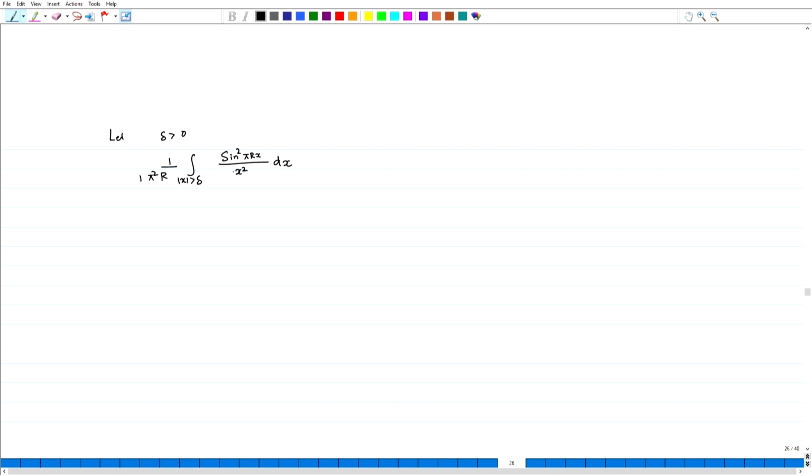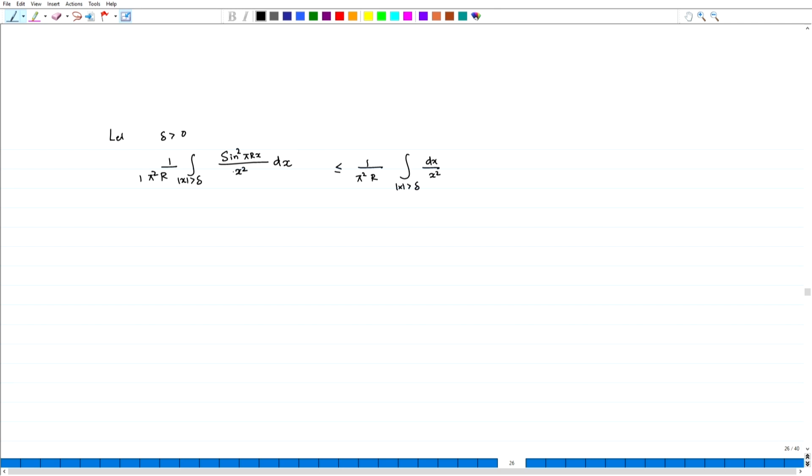Now, this is less than or equal to 1 over pi squared r times the integral over |x| greater than delta, since sin squared is always bounded by 1, of dx by x squared. Now, away from the origin, dx by x squared is a finite number.